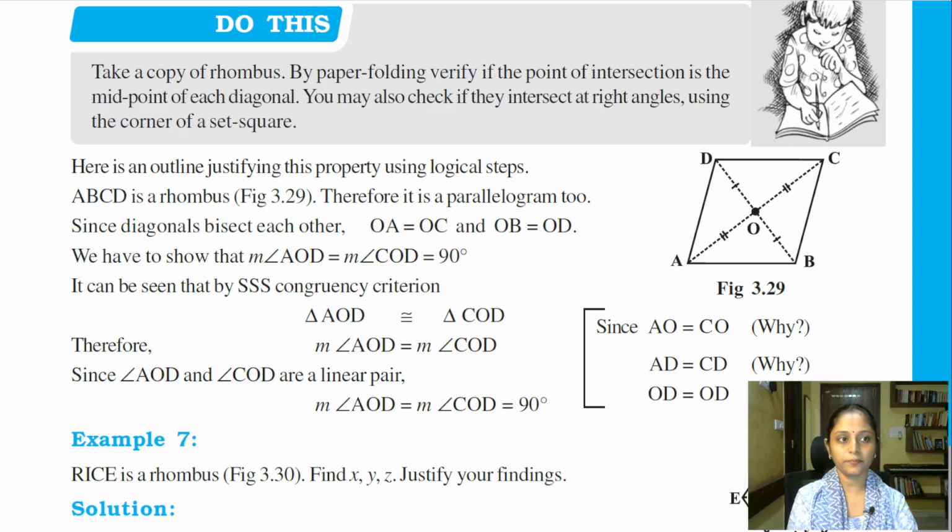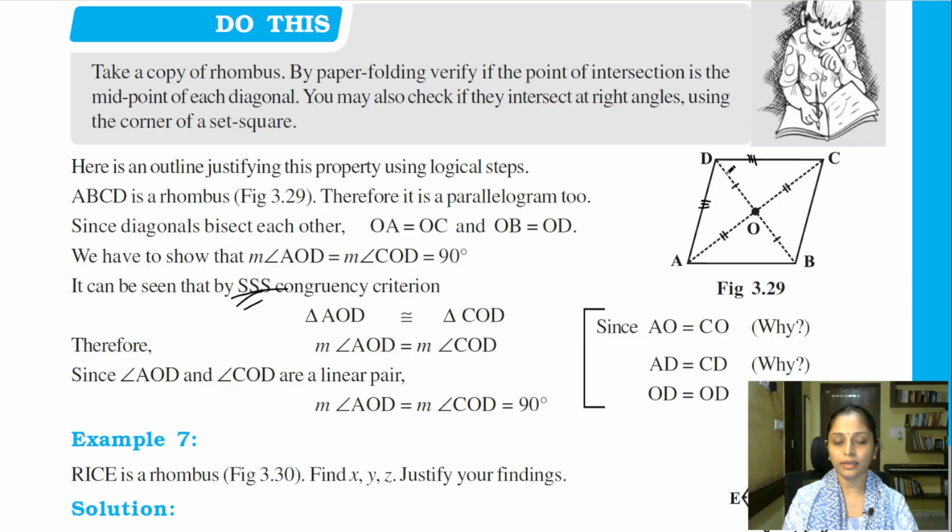That is, AO is equal to OC because the diagonals bisect each other, and OD is the common side, therefore it is equal, and AD is equal to CD. Why? Because in a rhombus all four sides are of equal length. Therefore, by SSS congruency, you know that these two triangles are congruent.